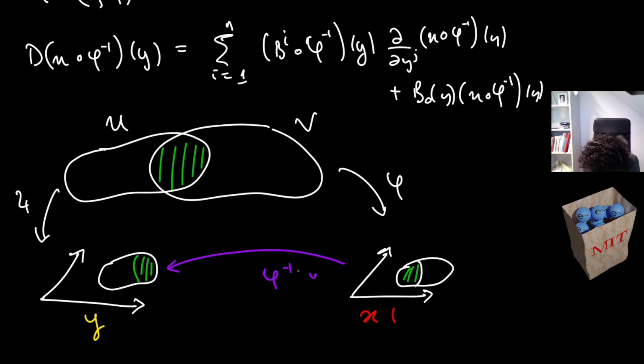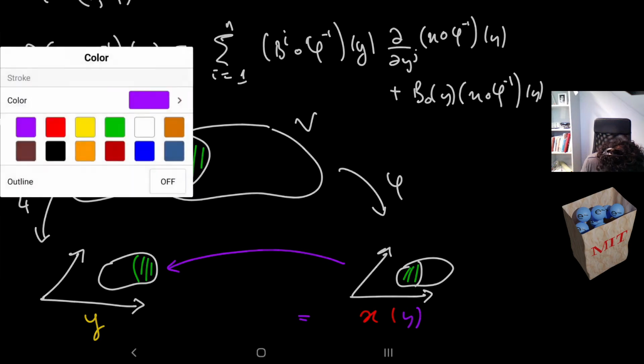I want to get from y to x, so x of y. Okay, I've written this wrong, that's the problem.